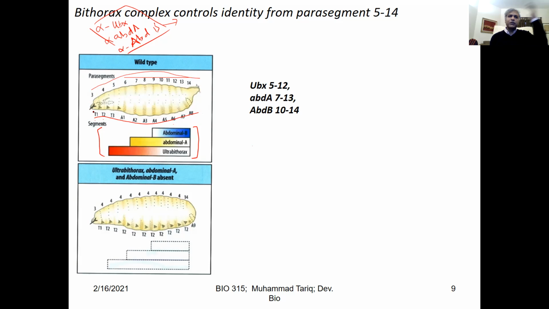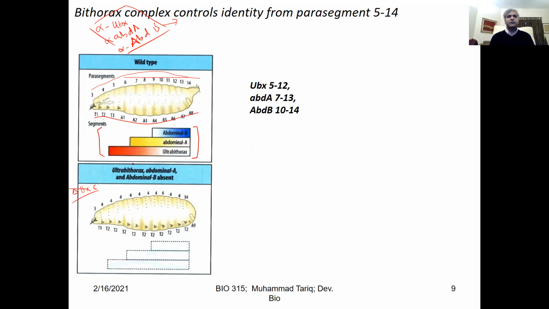The head is usually fused, so we cannot point it out here. Then A1, A2, A3, A4, A5, A6, A7, A8, the abdominal segments, and the thoracic segments. If they have the deletion, which means deletion of the bithorax complex, all three genes are deleted.